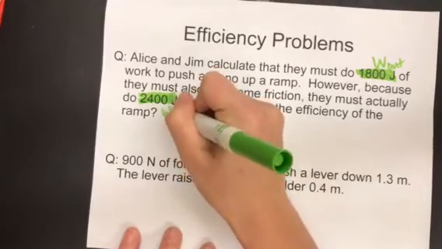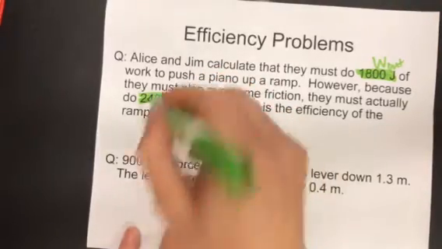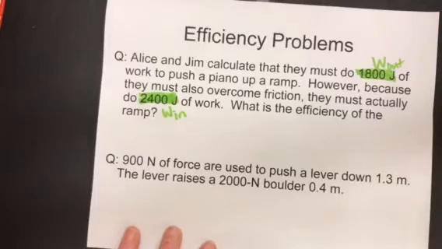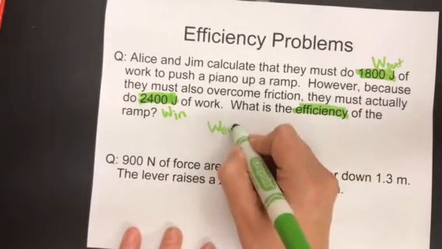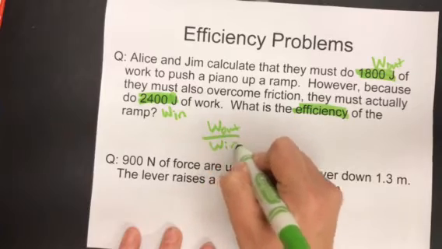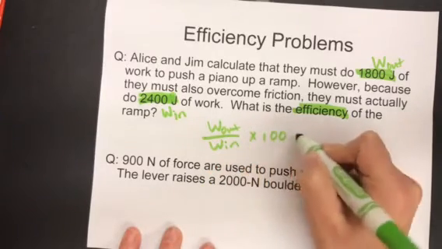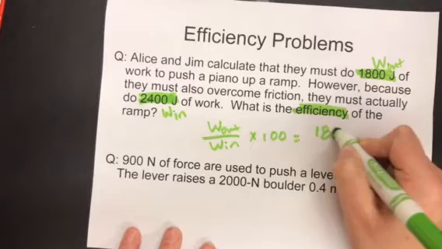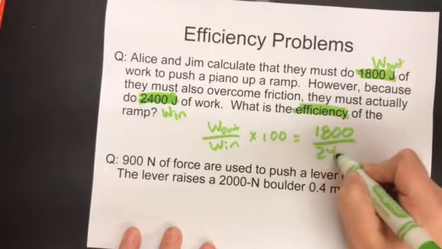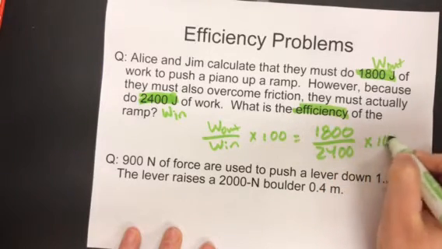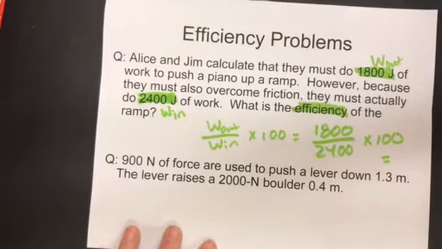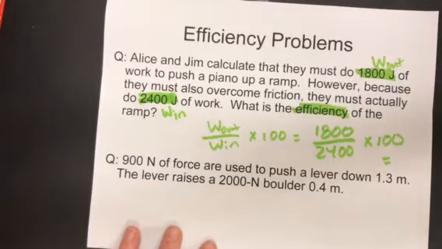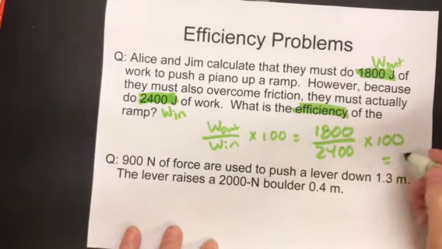So this is the W in. This is the work they actually have to put in, and it's finding the efficiency. So all you're going to do, again, is work out over work in times 100. So you're going to do 1800 divided by 2400 times 100. And that gives you 75%.